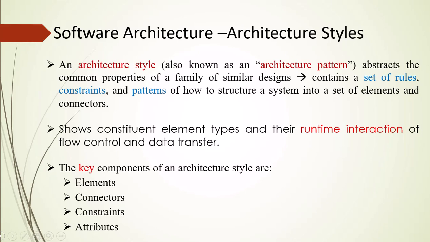The key components of architecture styles are the elements, which in short are the different components; connectors, which connect any two elements of the software; constraints, which are any rules imposed on the software design, and these can be on the data server, the data storage device, or the client side; and the attributes.